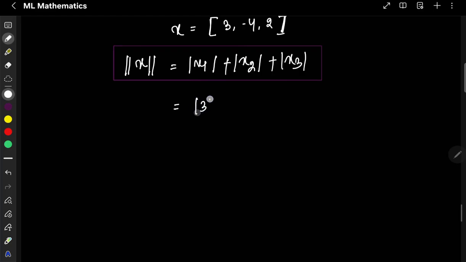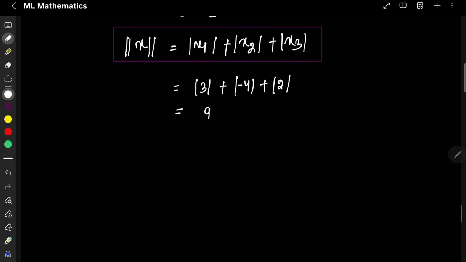So magnitude of 3, magnitude of 4, and magnitude of 2. If we calculate it, it will be 9, right? The Manhattan distance of the x vector is actually 9.